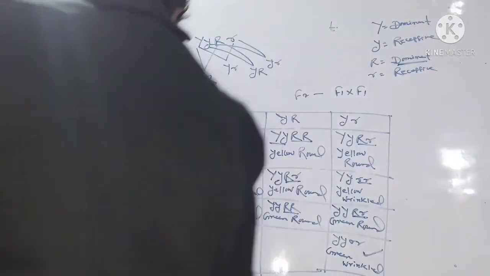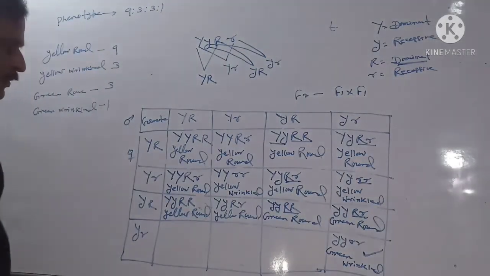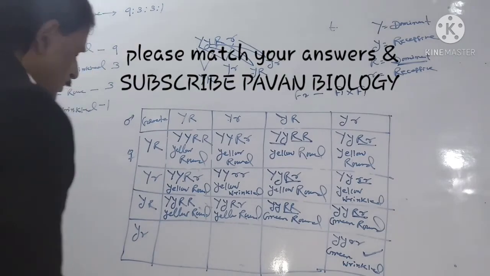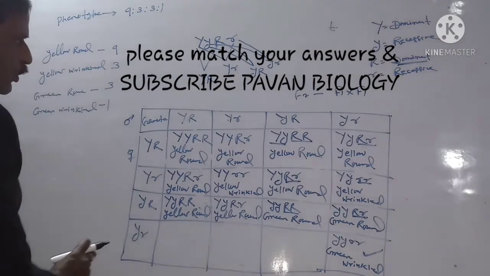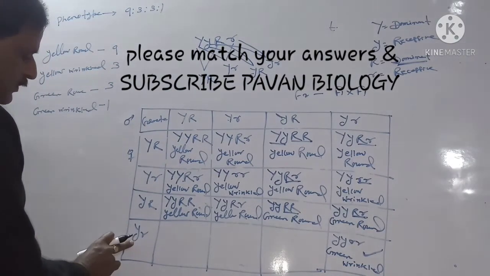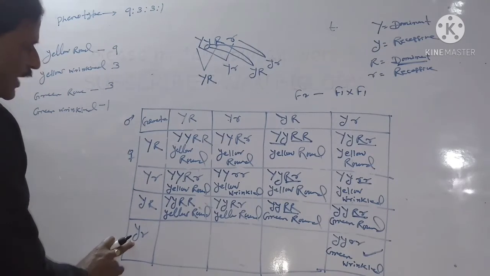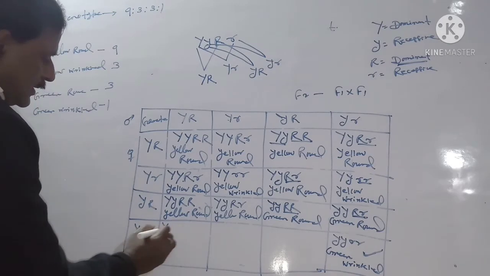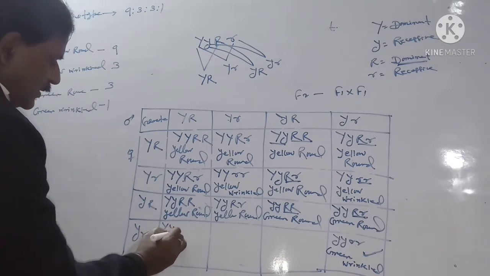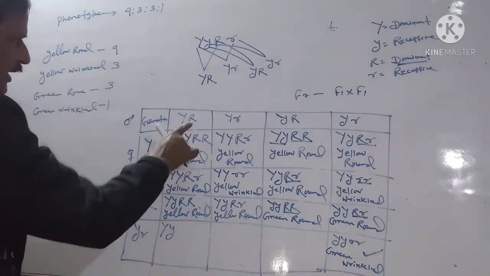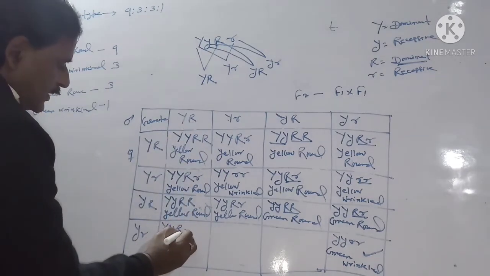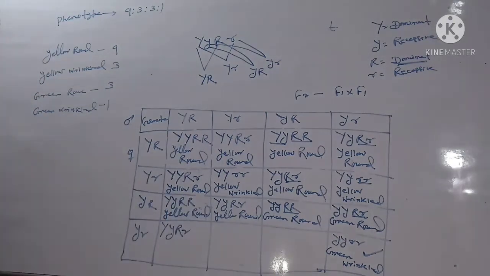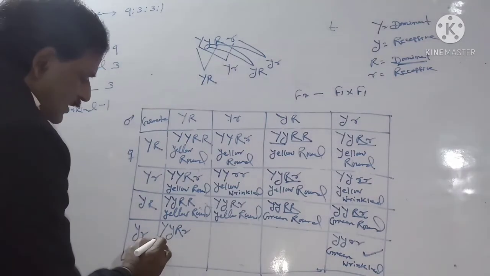The next column we fill up. Look at the board. Capital is written first, capital Y, then small y, and capital R, then small r. The character is capital Y, small y.